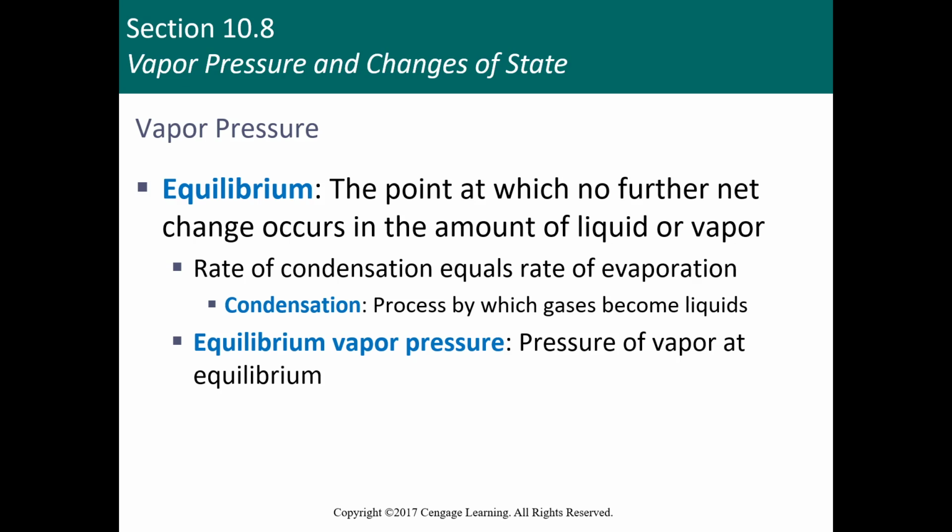That's why you don't see any net change, because the rates those two things are happening at are the same. Condensation is the process by which a gas becomes a liquid, whereas evaporation is going from the liquid to the gaseous state. So equilibrium vapor pressure is going to be the pressure of the vapor at equilibrium.